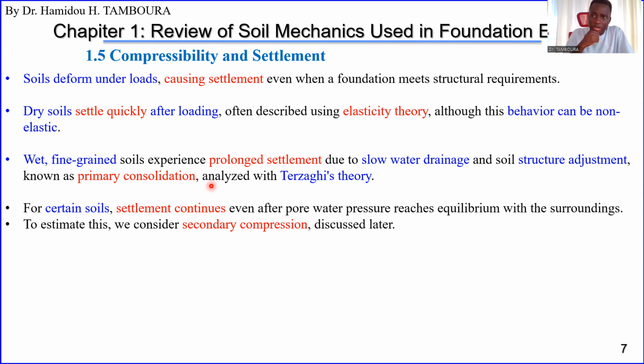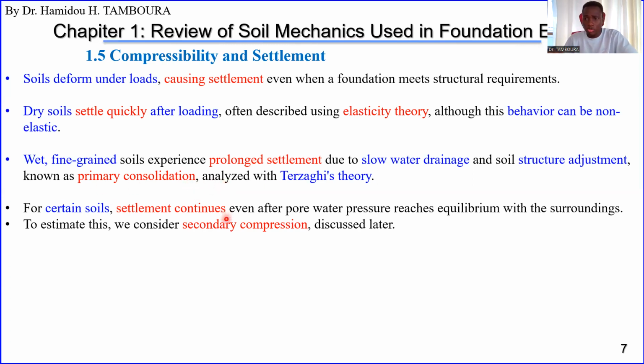So if the water is totally drained, the total amount of the load will be supported by the soil itself. During the drainage of the water, the load will be transferred to the soil and the soil will be settling until the end of the drainage. That part is what we are calling here primary consolidation.